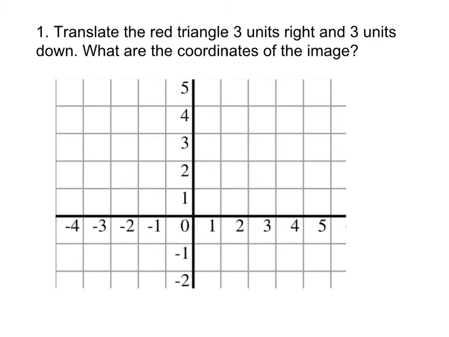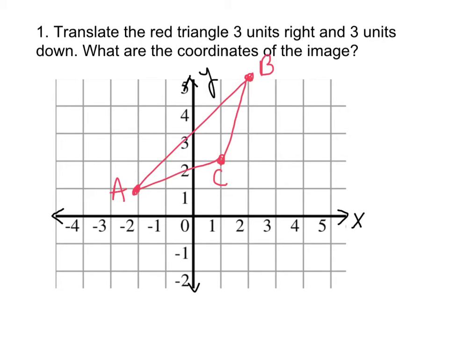Please make sure when you do your graph, you put arrows at the end and label your x-axis and your y-axis. So here is our red triangle, triangle ABC. We're going to move each point 3 units right and 3 units down, and I'm going to put that in green.